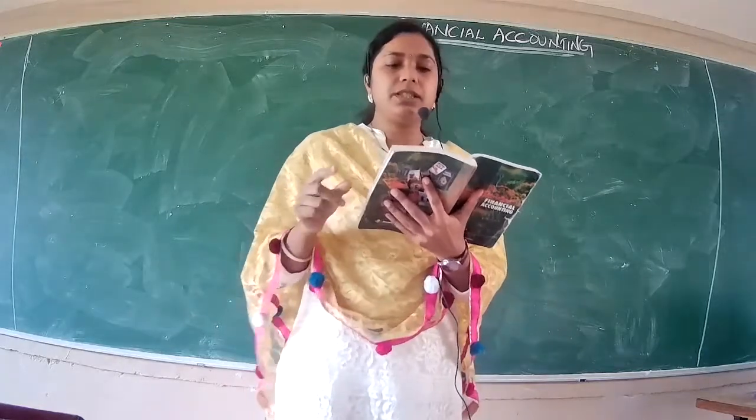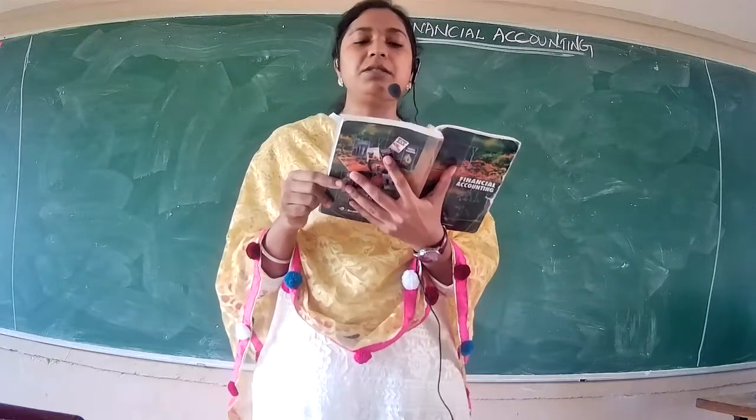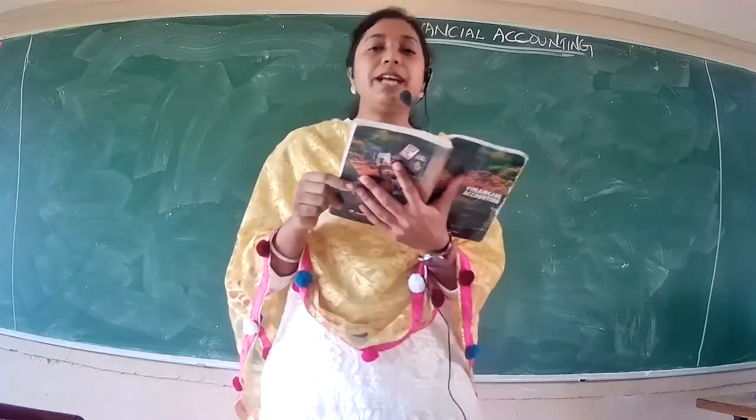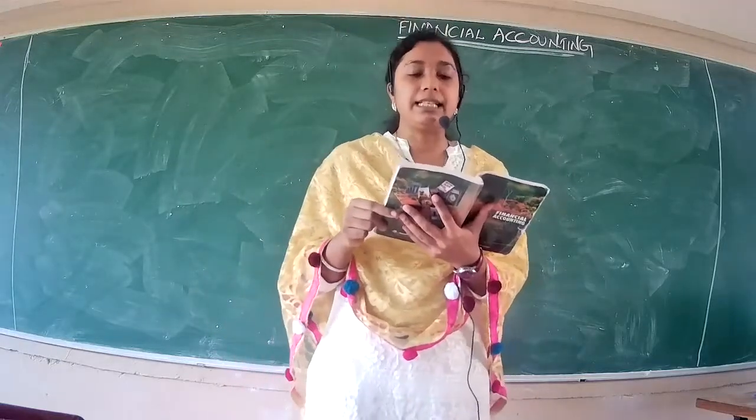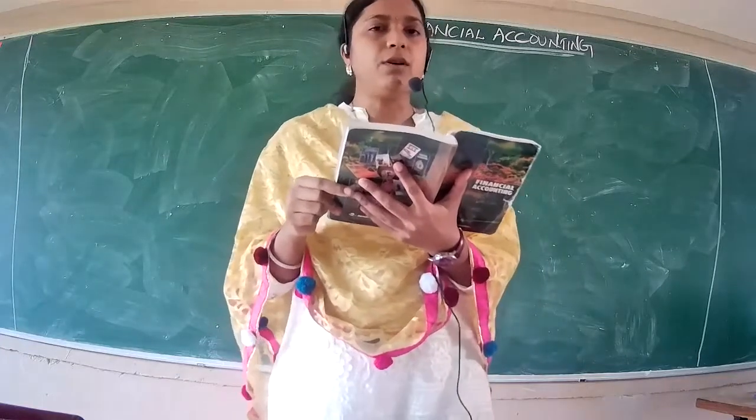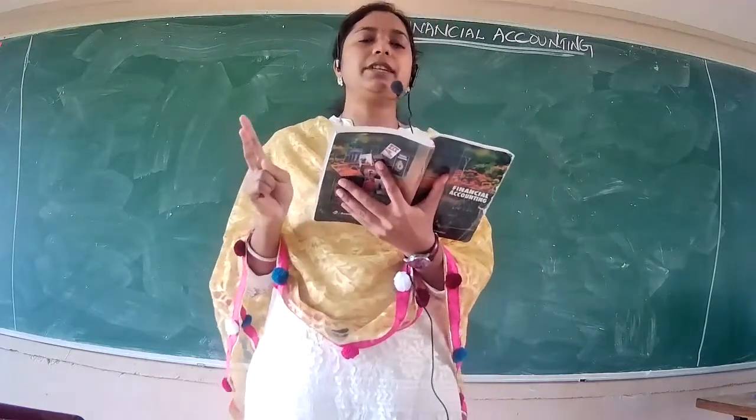Close the books of accounts applying the decision given in the Garner versus Murray case, which we have discussed already in older classes. While solving your problem, two main things we have to keep in mind.